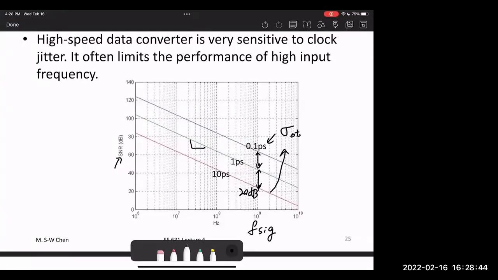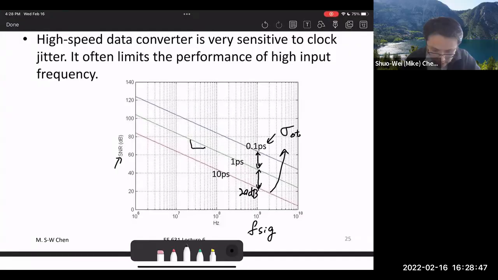It's also 20 dB per decade. Let's check if that is correct. From this point to this point, it's about a 10 times frequency increase, and I think this is about 20 dB down. So that's right, it's a 20 dB per decade trend line.